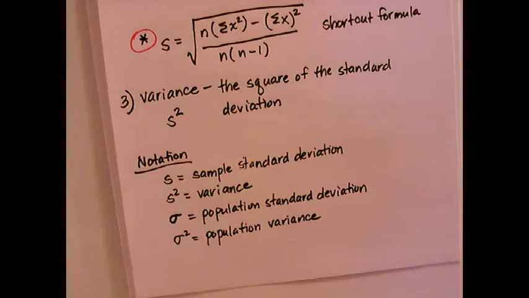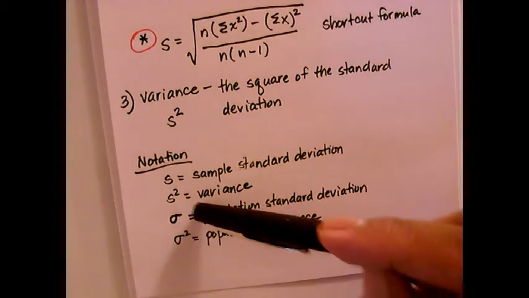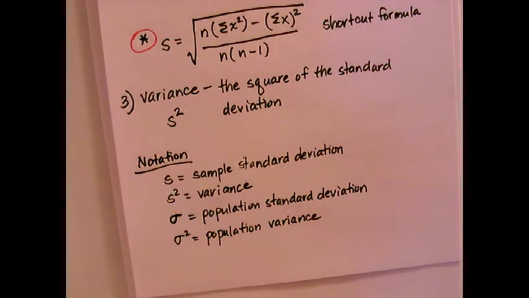So that's some of the notation that you're going to be seeing throughout this course, especially these last two. Sigma is the population standard deviation, and sigma squared is your population variance. Now for a sample, lowercase s is your sample standard deviation, s squared will be your variance. Now let's take a look at some examples of how to find the range, the standard deviation, and the variance of a set of data.